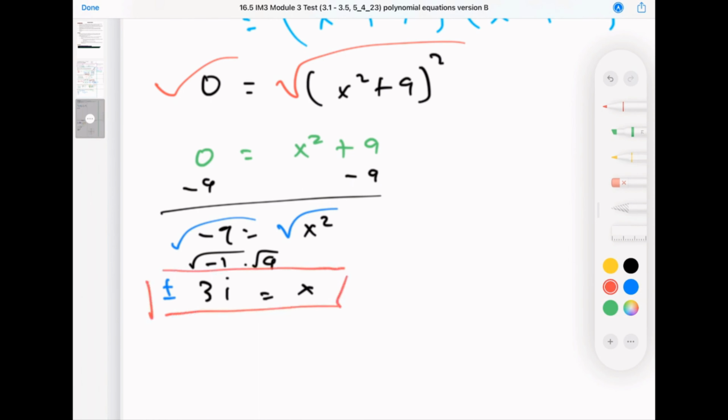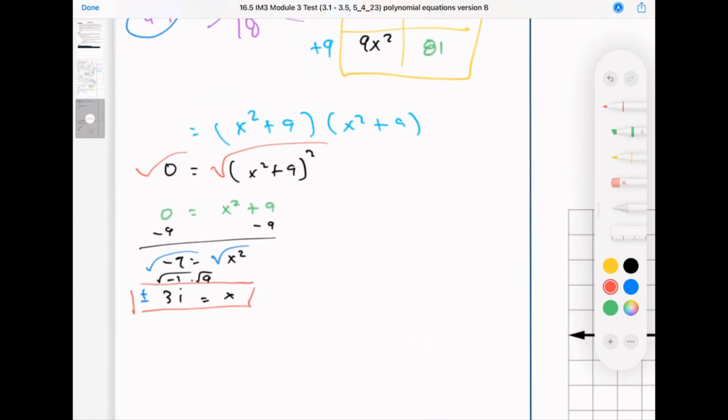And you can note, because you're actually doing it twice, that these are double roots, or a multiplicity of 2. I spelled that wrong. That just means that you have 3i, 3i, negative 3i, and negative 3i.